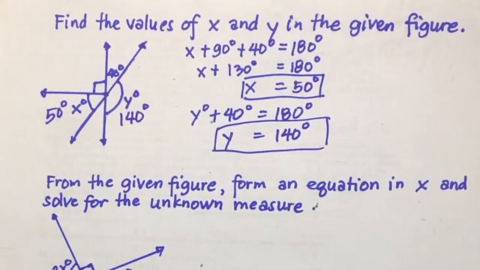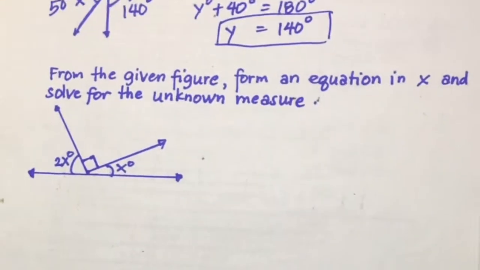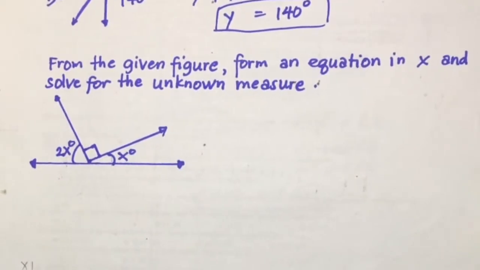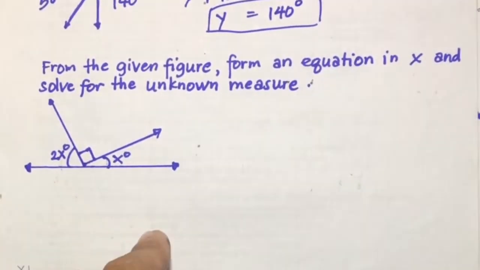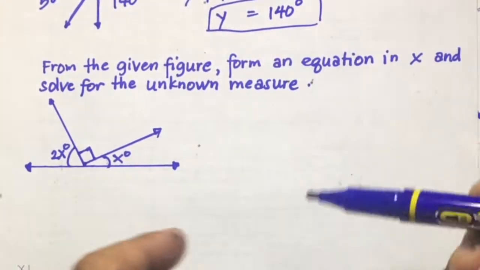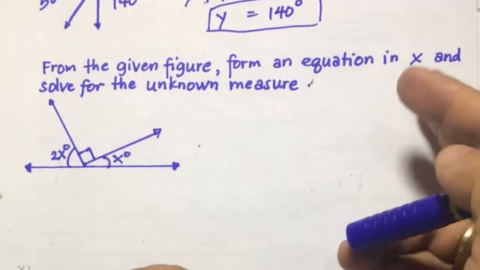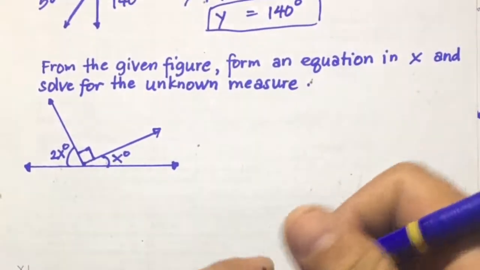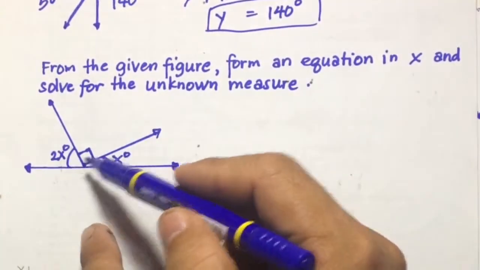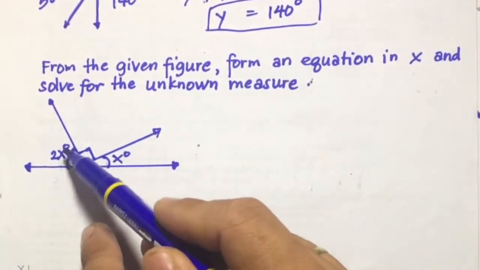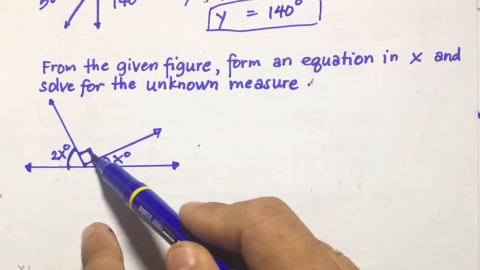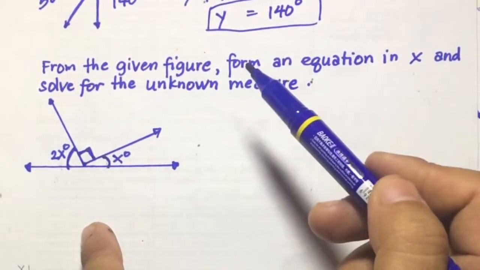Then next example, from the given figure, form an equation in x and solve for the unknown measure. So in here, this is the figure. This is 2x here, then this is 90, and this is x.